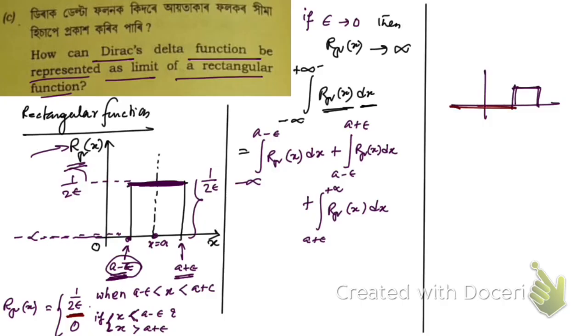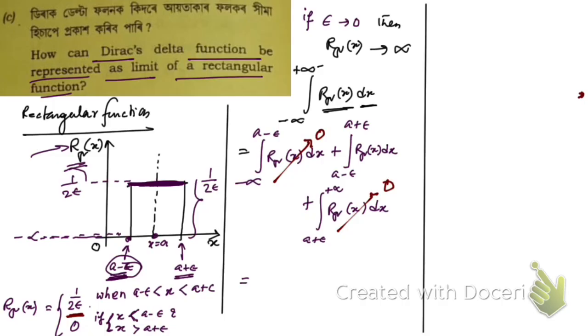And in the region from minus infinity to a minus epsilon, and from a plus epsilon to plus infinity, the value of r sigma of x is equal to 0. Only in the middle region its value is 1 by 2 epsilon, right? So that's why we're going to get the value of these two integrals as 0.